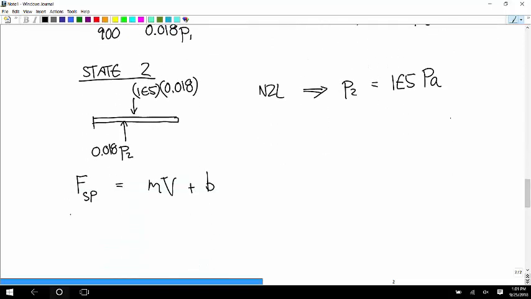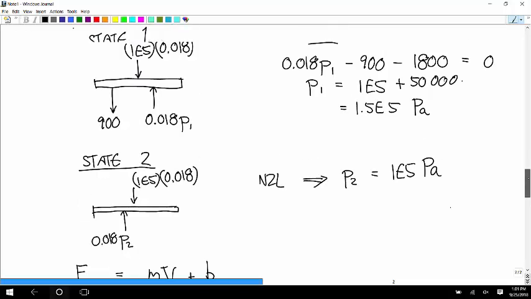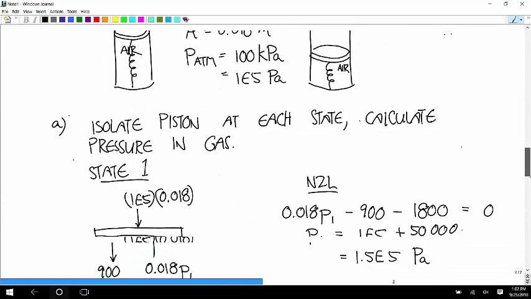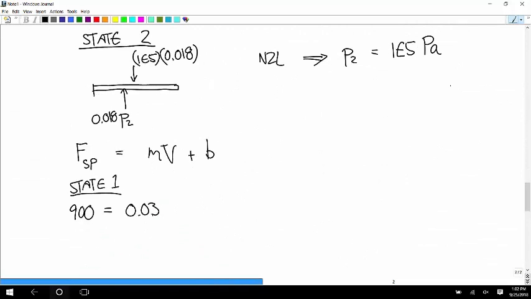And so we can plug this in at the 2 states. At state 1, we have 900 newtons is equal to 0.003 m plus b.